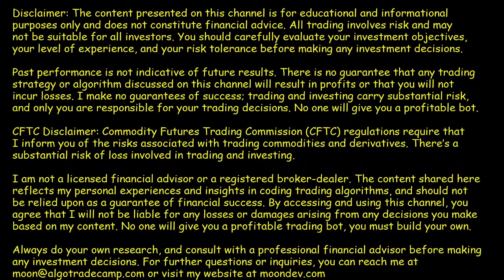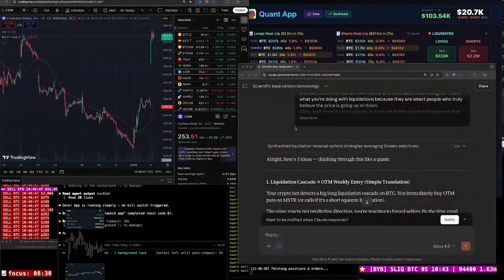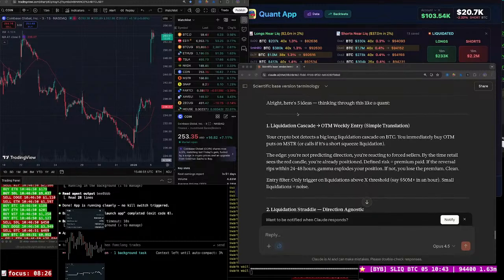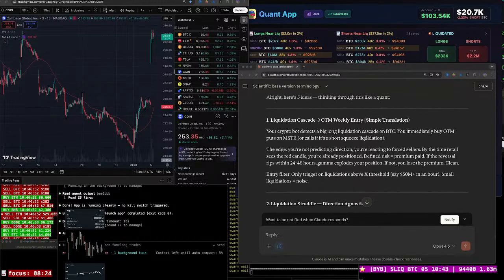Me coding and yapping. So, all right, here are 5 ideas, thinking through this like a quant. Liquidation cascade, out-of-the-money weekly entry. Simple translation: your CryptoBot detects a big long liquidation cascade on BTC. You immediately buy out-of-the-money puts on MSTR, or calls if it's a short squeeze liquidation.